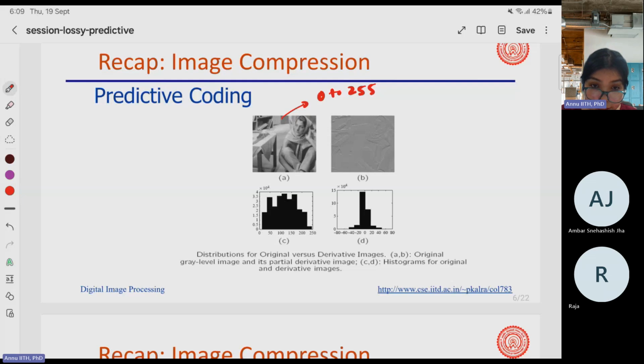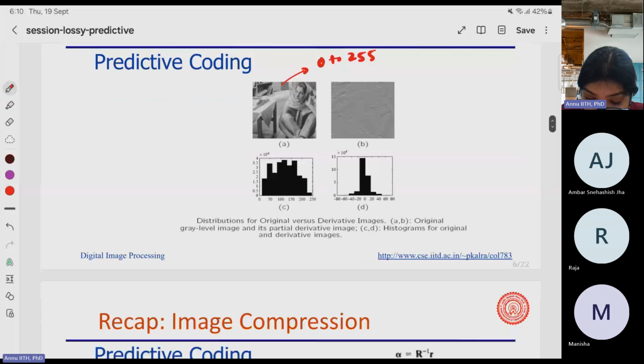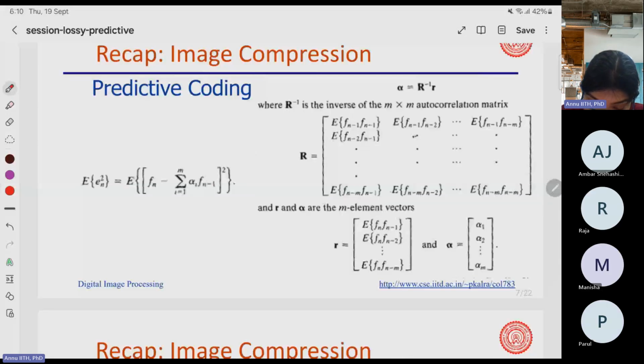Okay, so this is what we are doing: converting the image to a grayscale form because each pixel has a value from 0 to 255. And then finally, the histograms for the original and derivative images can be found in C and D. So this E of n square is nothing but the expected value of f(n) minus summation of alpha l f(n minus l) whole square, where R inverse is the inverse of the M cross M autocorrelation matrix.